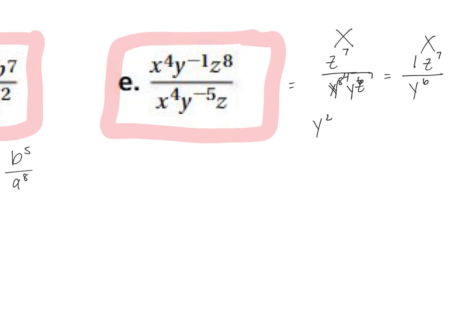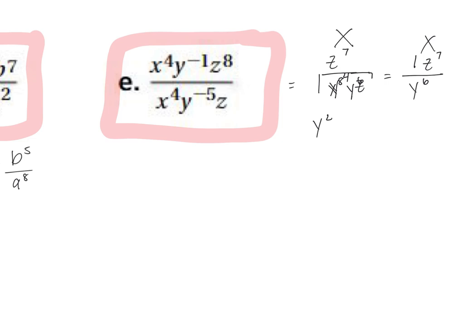I put 1 y to the 4th. That would also be correct. If you put 1 y to the 4th, that would also be correct. But remember, whenever we multiply by a 1, we don't need to write that, okay? Because 1 times anything is just itself, right? It's kind of like invisible. It's there, but you don't see it all the time, okay? So y to the 4th, z to the 7th is the part that I was looking for.